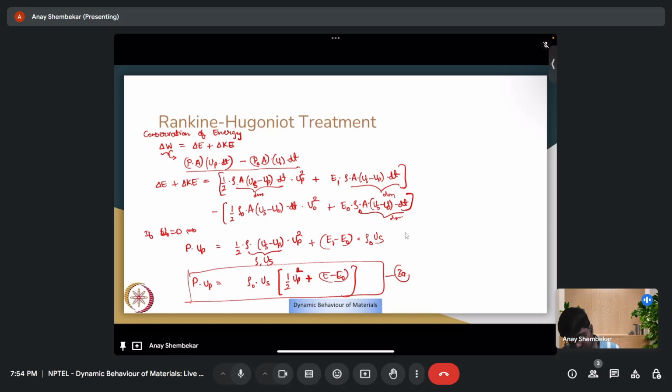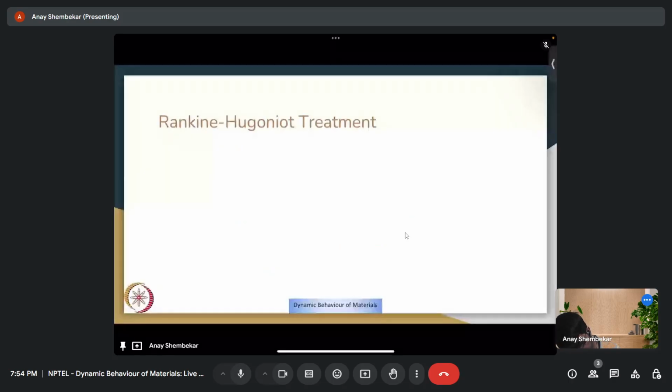This is the conservation of energy equation. So if I write down all three equations, for U naught equaling 0, you have rho naught U naught equal to rho US minus UP, conservation of mass.